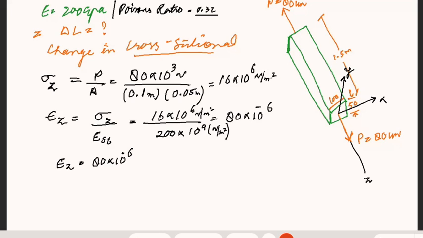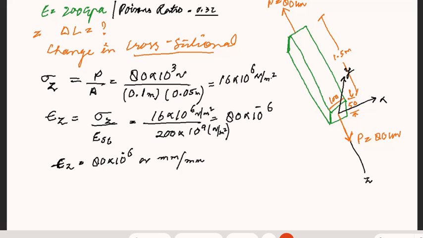This is strain, so it's a dimensionless quantity, or we can also write it as mm per mm. There will be a strain of 80 into 10 raised to the power of minus 6 mm per unit meter, and that per unit meter is again mm. Okay, this is with regard to the calculation of your stress and strain in your z direction.